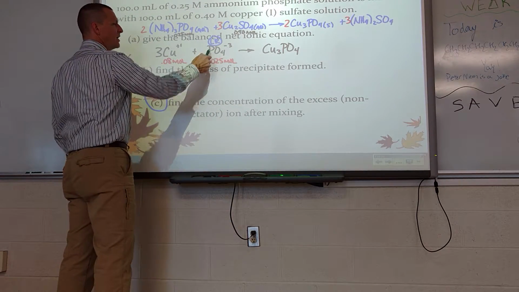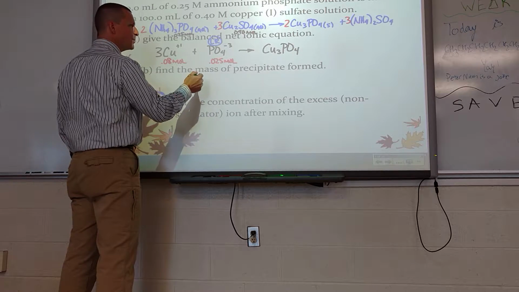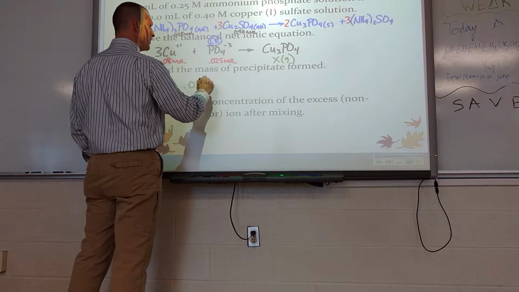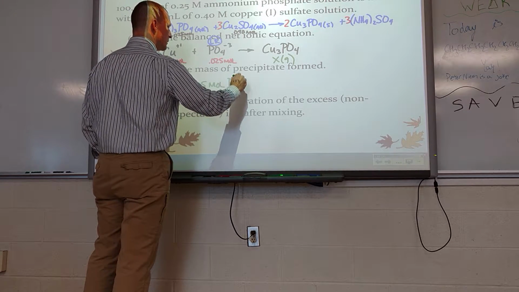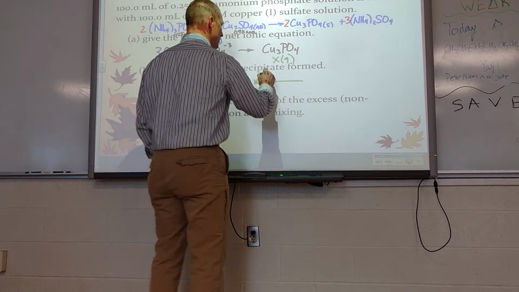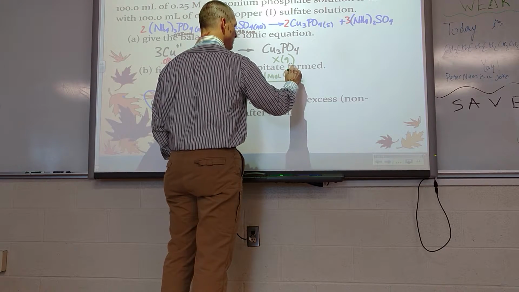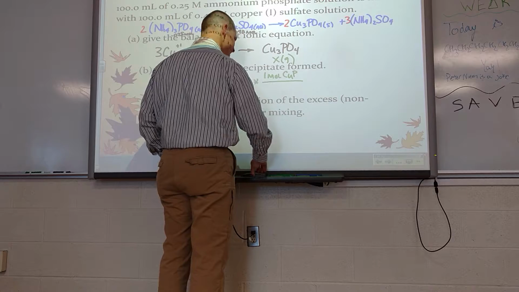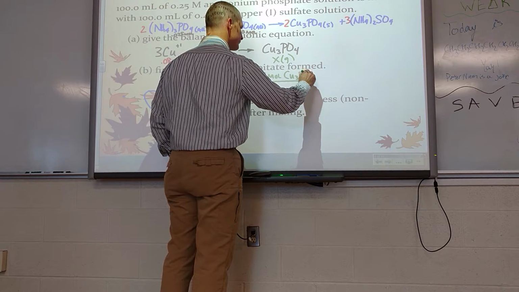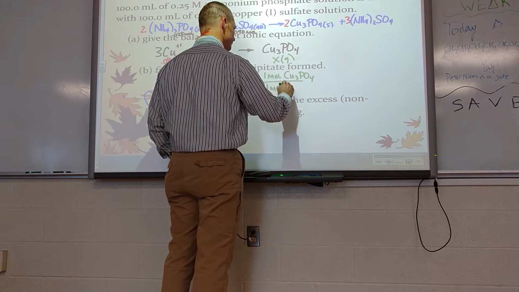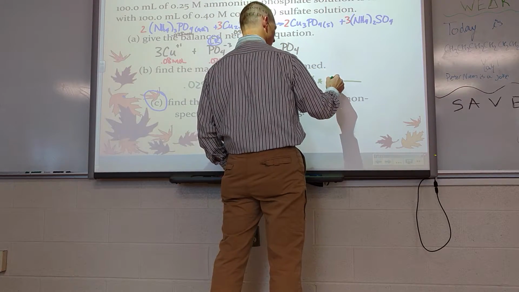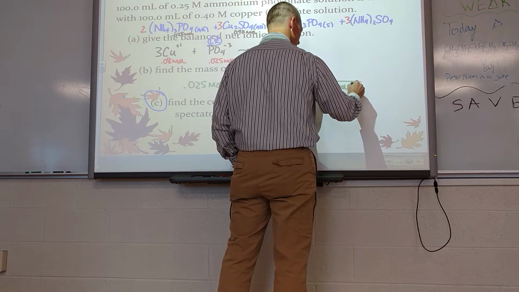So knowing the limiting reagent, I know all that runs out. The mass of the precipitate, we want that term right there. So 0.025 moles of phosphate times, it's a 1-to-1 ratio. That's copper(II) phosphate, right?